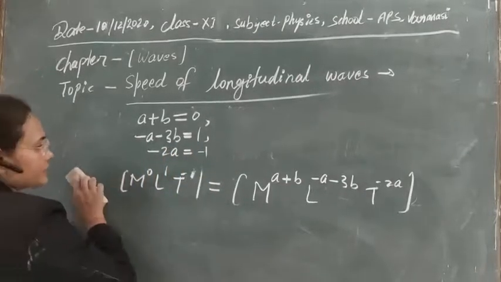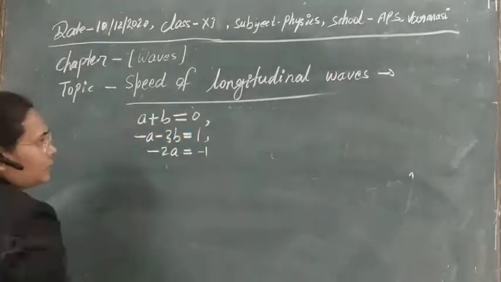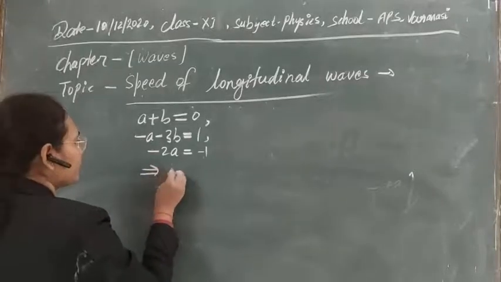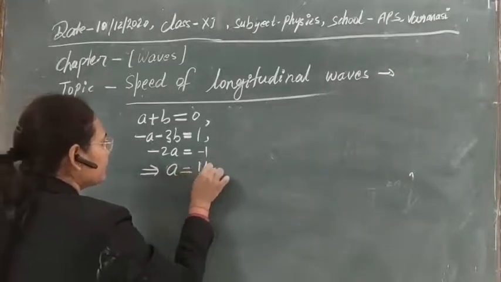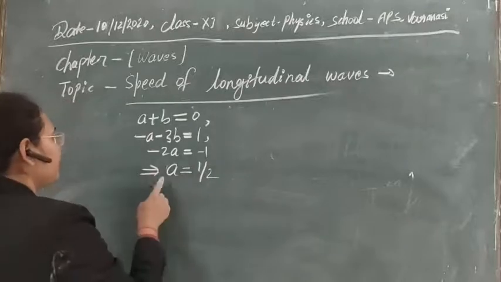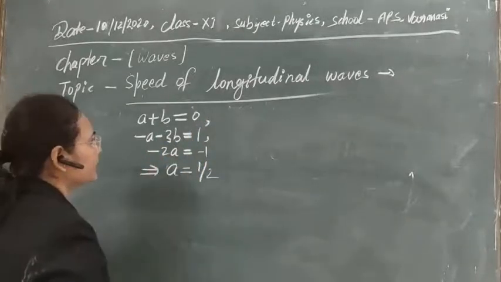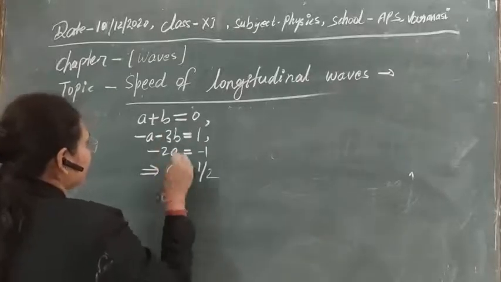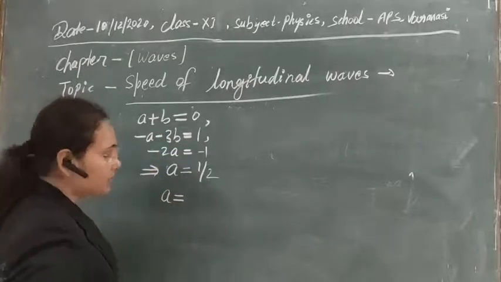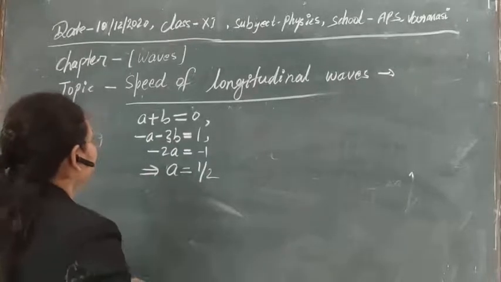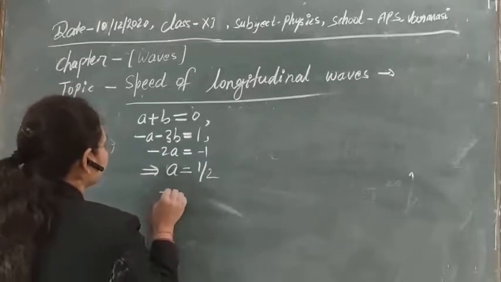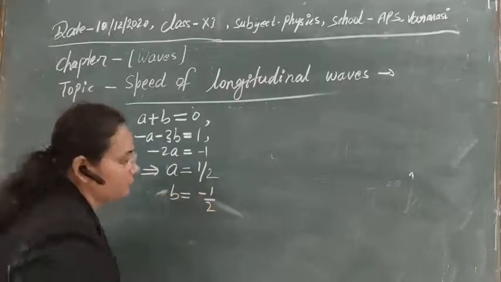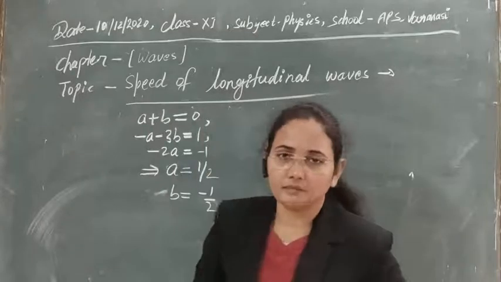So these three equations we have got for the solution of a and b. From here, the value of a can be obtained, that is equal to 1 by 2. If you put this value anywhere, we can solve it easily. From this expression, we obtain that b is equal to minus a, or b is equal to minus 1 by 2.